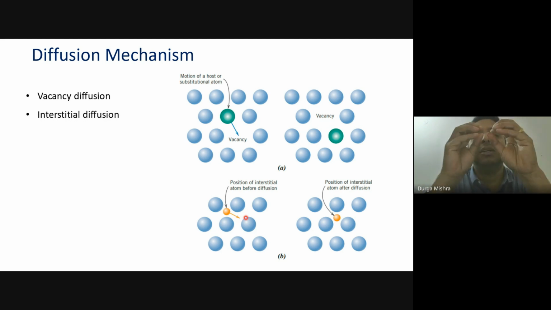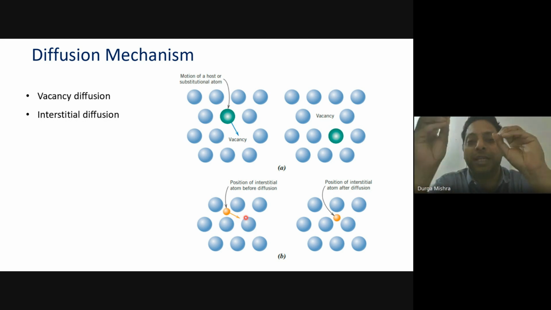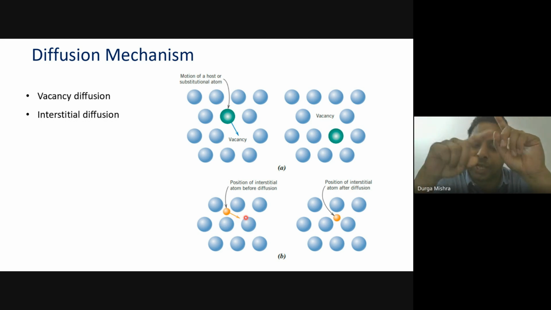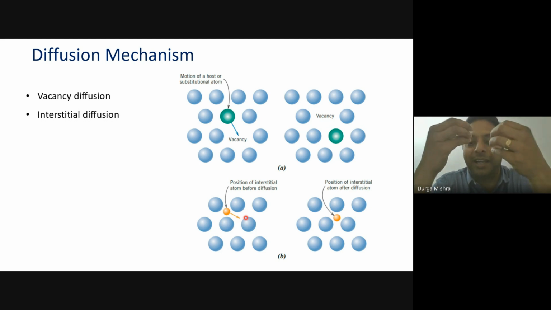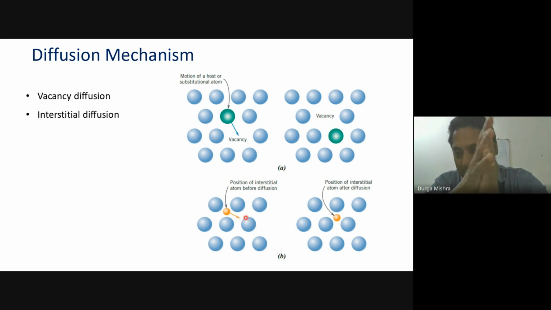So the atom can go from octahedral to tetrahedral, tetrahedral to octahedral, tetrahedral to tetrahedral, or octahedral to octahedral. That is possible. So this interstitial atom is getting diffused into the solid, and again it will happen due to a temperature or a concentration gradient.